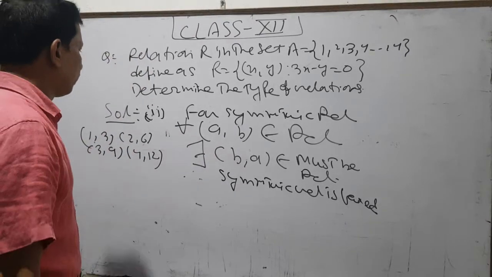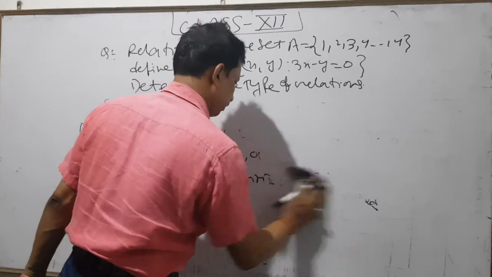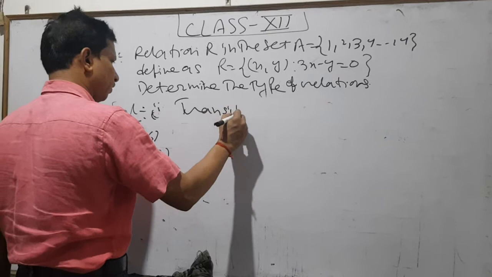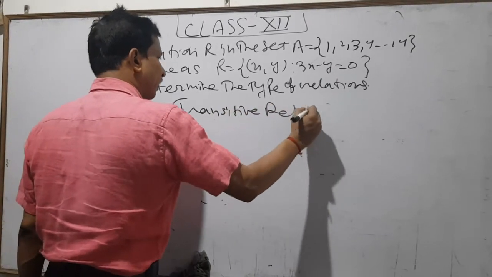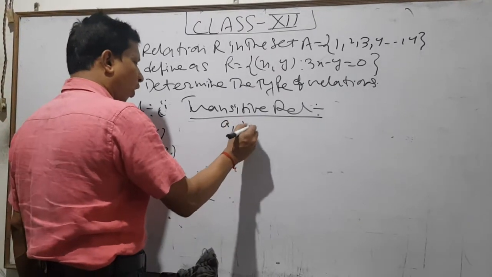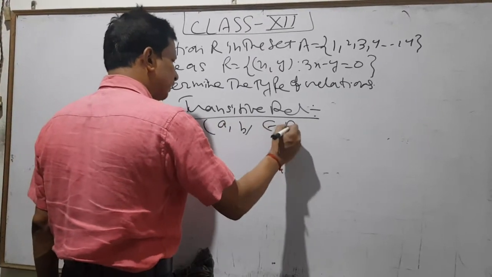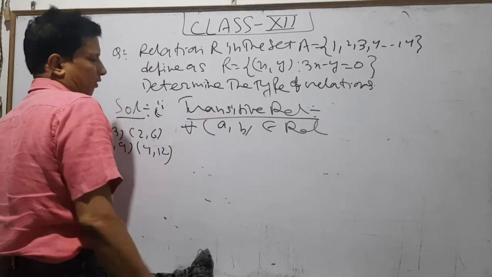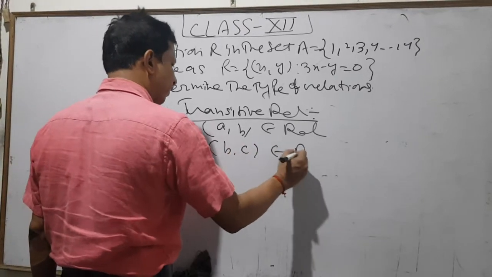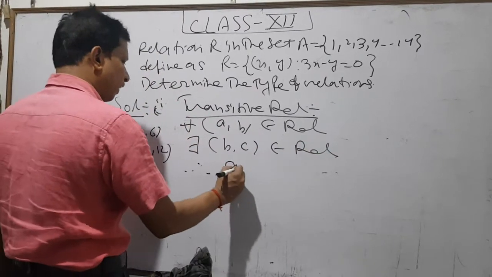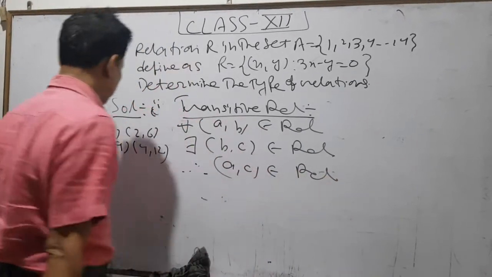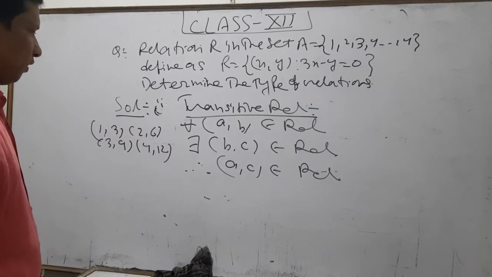And the last one, third, transitive relation. In a transitive relation, for every (a, b) belonging to the relation, and (b, c) also belonging to the same relation, therefore (a, c) must belong to the same relation. Note down this one.